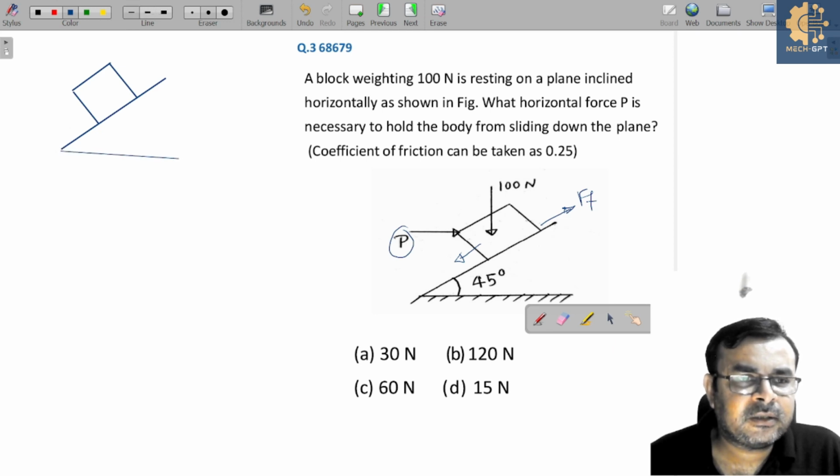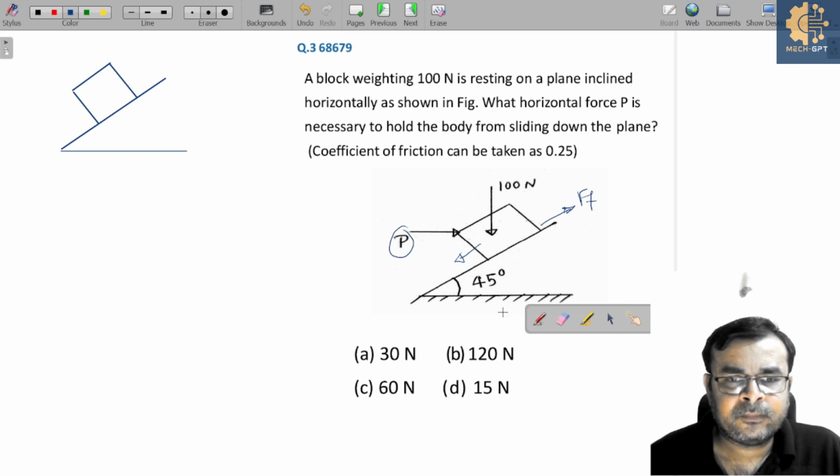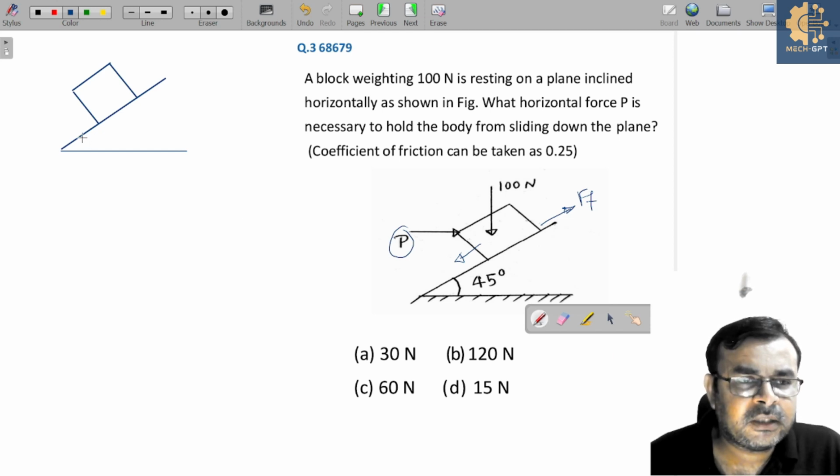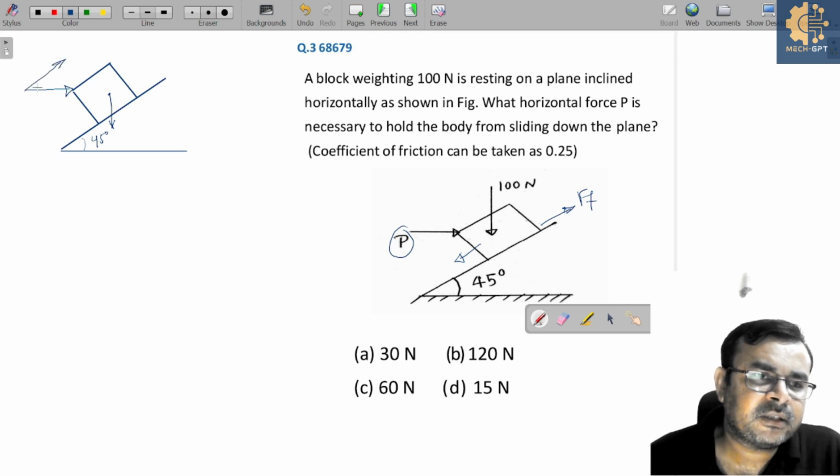And this is the horizontal surface, and from this horizontal surface it makes an angle of 45 degree. So obviously its own weight is acting downward, one force is acting like this. So obviously you need to resolve this force parallel to this surface, and one normal reaction is acting somewhere here.